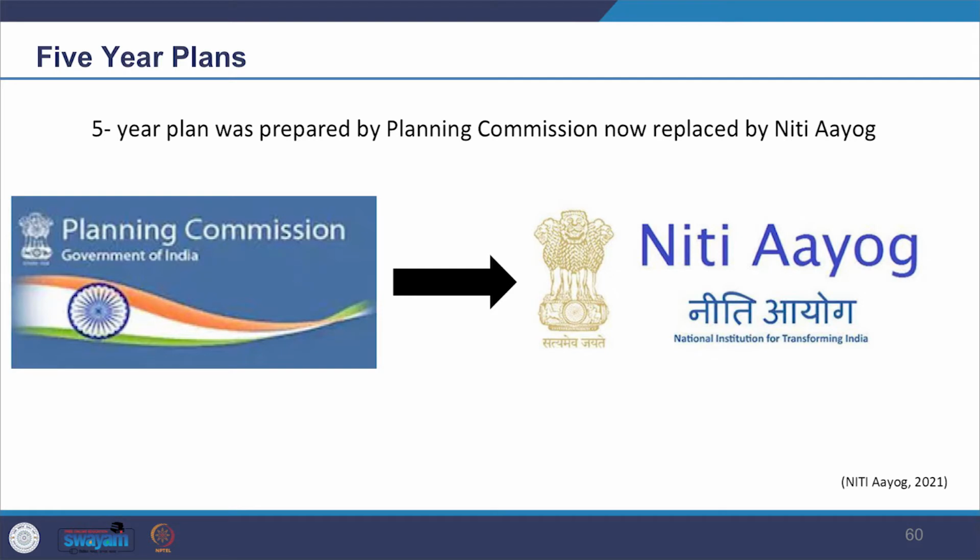The 5-year plan was prepared by the Planning Commission, and now we see that it has been replaced by Niti Aayog. For the socio-economic development of the country, the Government of India enacted an organization known as Planning Commission in 1950. Under the Planning Commission, the 5-year plan of India was formulated.